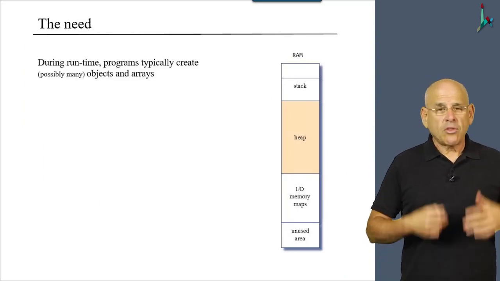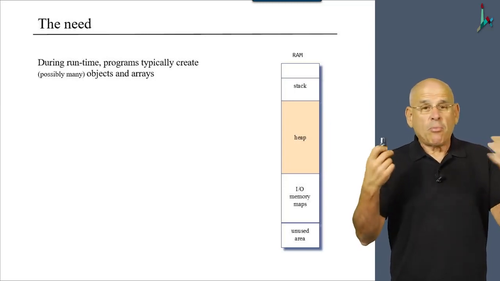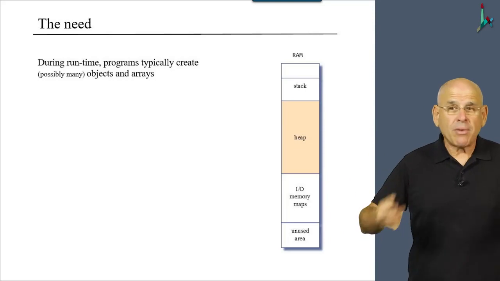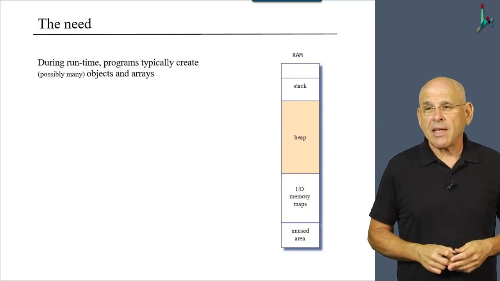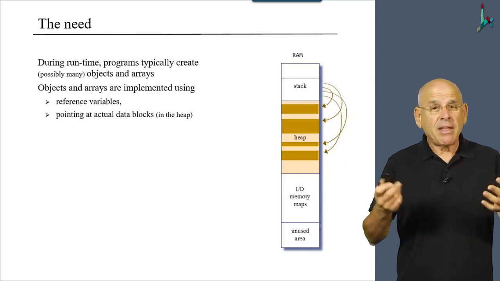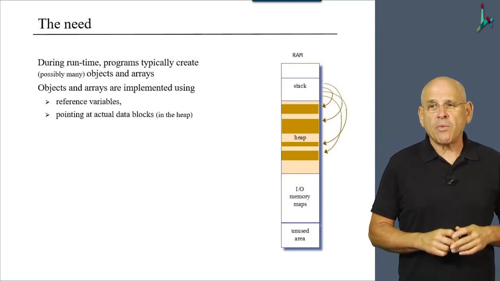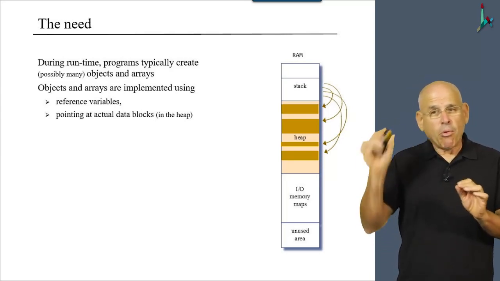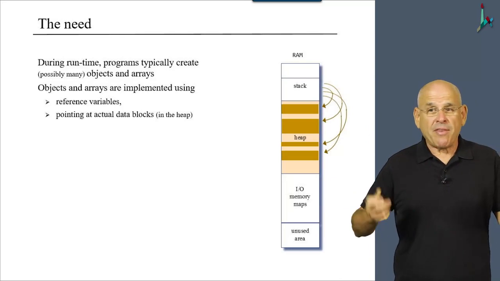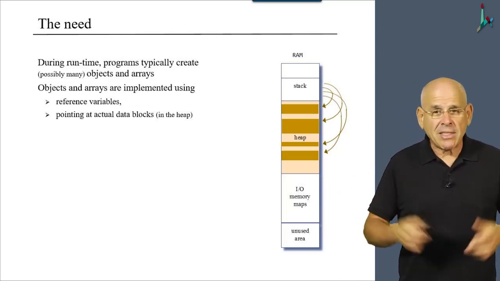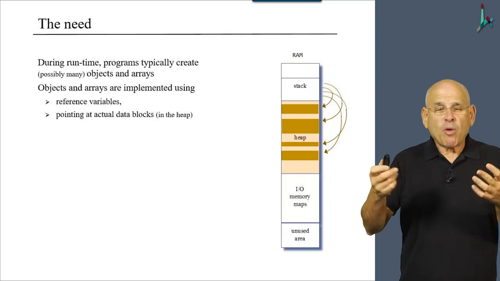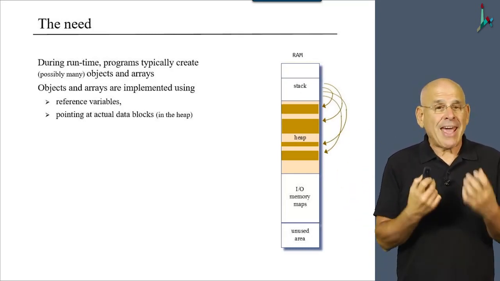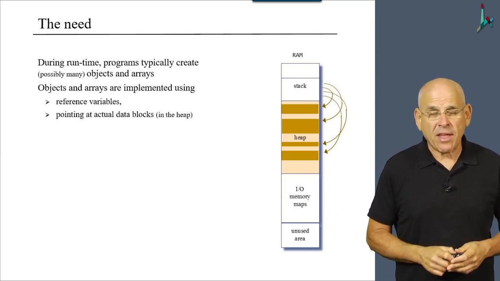Well, as you know, during runtime, the programs that you write, I'm talking now about high-level programs, typically create possibly many objects and arrays. And we discussed many times this nice architecture in which every object and every array is implemented using a pointer that leads from some variable, which typically resides in the stack, and this pointer points at some block in the memory that holds the actual data of the object or the array.